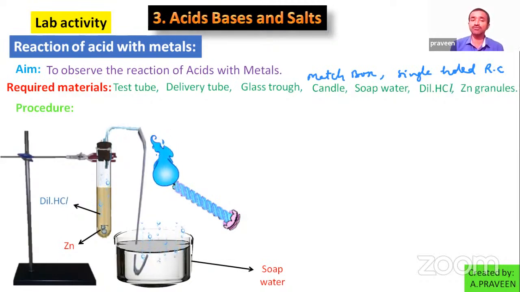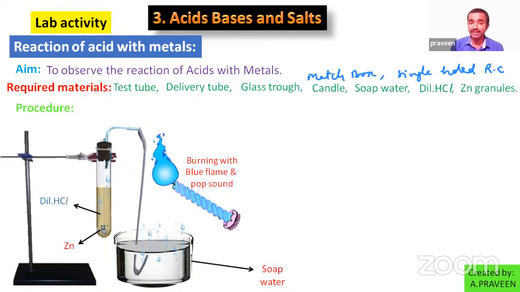So immediately we have to notice one thing: burning with a blue flame and giving a pop sound gives an idea that the liberated gas is hydrogen gas. So liberation of hydrogen gas is observed.